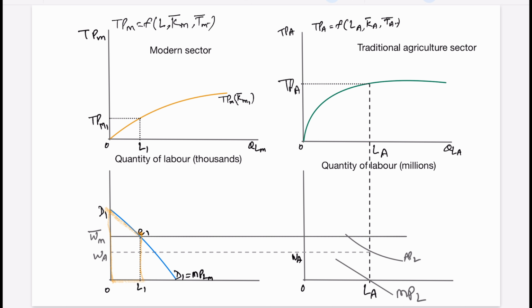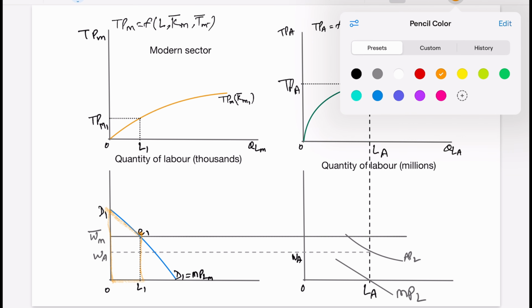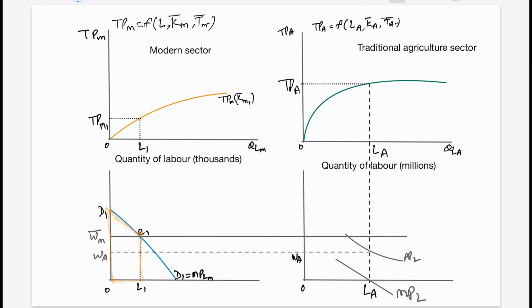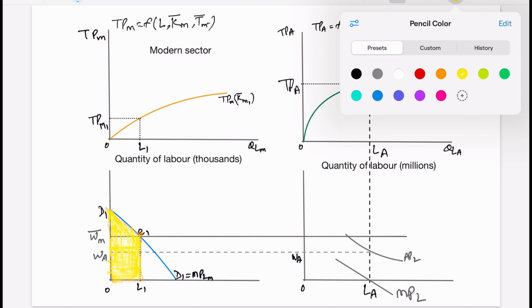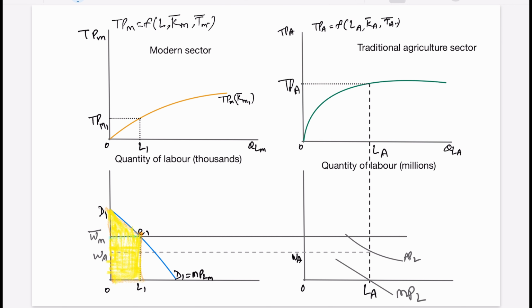These L1 workers are producing altogether this much output. So this entire output is D1 E1 L1 O. Out of this, this much goes for paying out the wages.